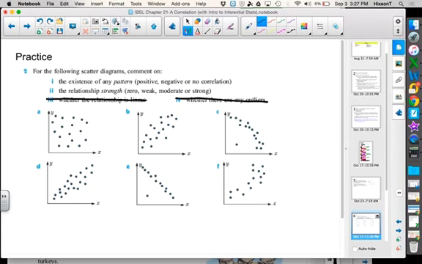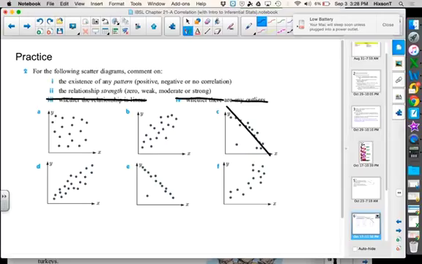If you remember your mid-year assessment last year with the Ebola numbers, you did an exponential and a logarithmic. You could do something like that, okay? But if you were trying to fit this to a linear relationship, then yeah, this would be a moderate negative correlation, okay? How about D?